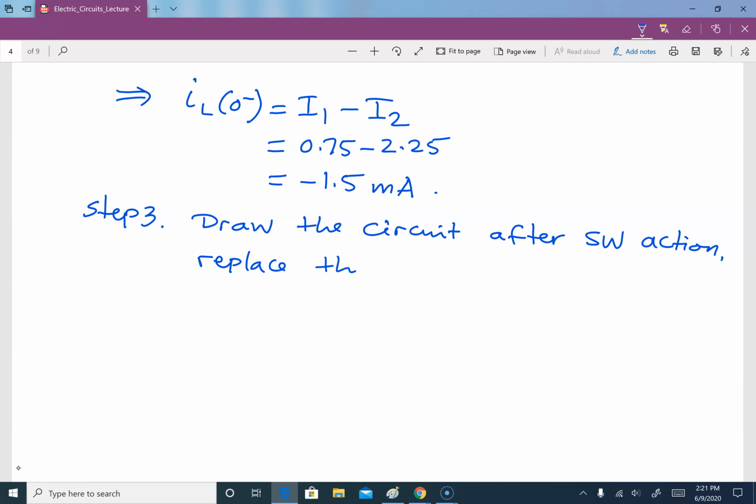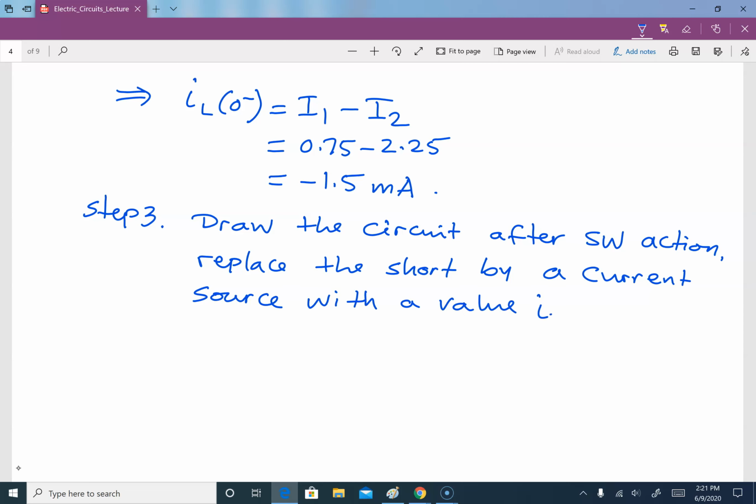Replace the short by a current source with a value IL of 0 plus equal to IL of 0 minus, and then find V naught of 0 plus.